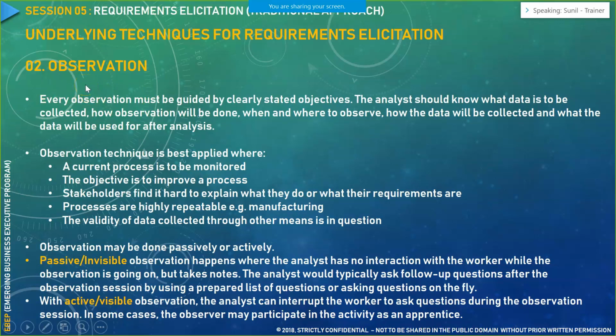Observation happens in two modes: passive invisible mode and active visible mode. In passive invisible mode, you don't ask any question to the operations person; you just sit behind him and see what he does in the system. Let's say he is generating an invoice: you don't disturb him, you just observe him passively.